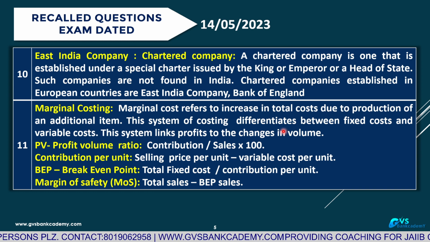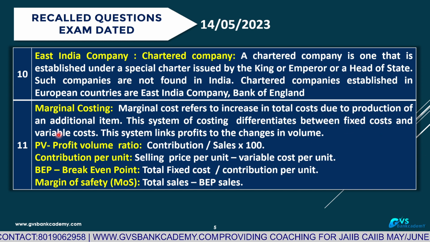Marginal costing differentiates between fixed cost, which is constant throughout the year, and variable cost, which changes according to the number of units produced. As the number of units produced increases, variable cost also increases.